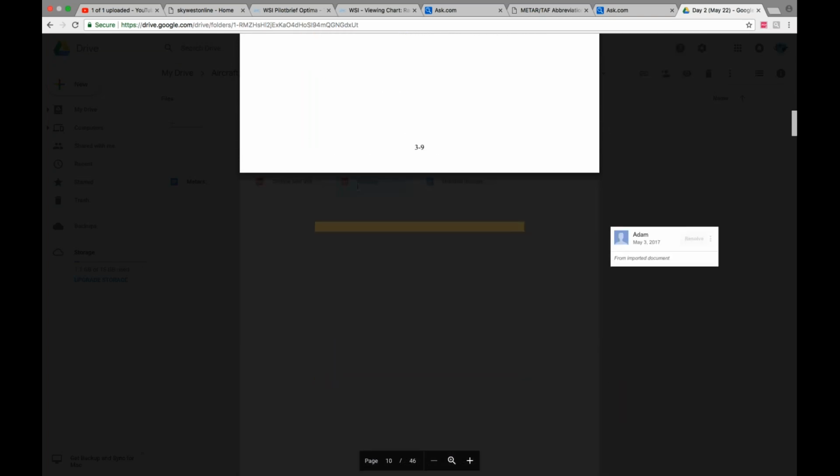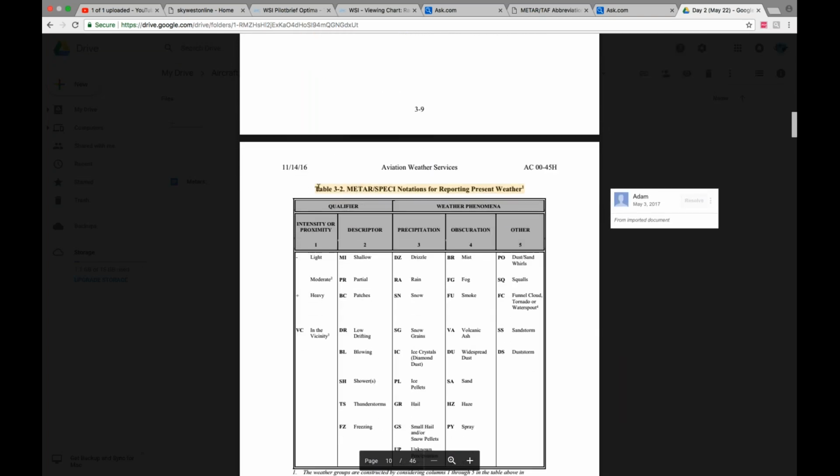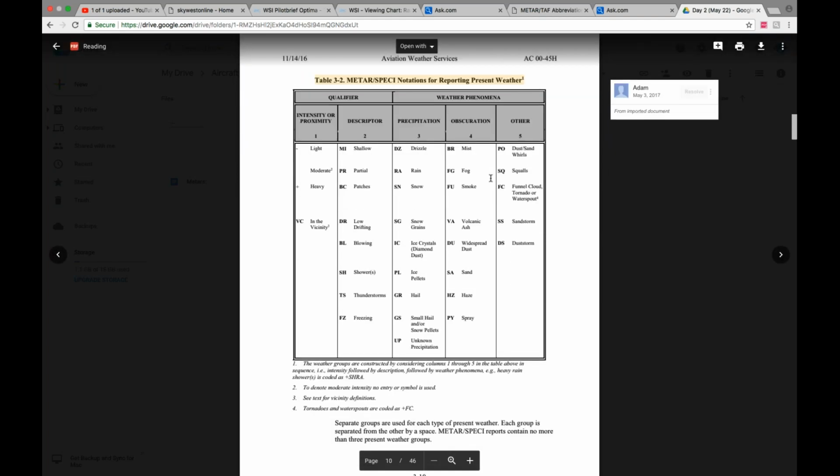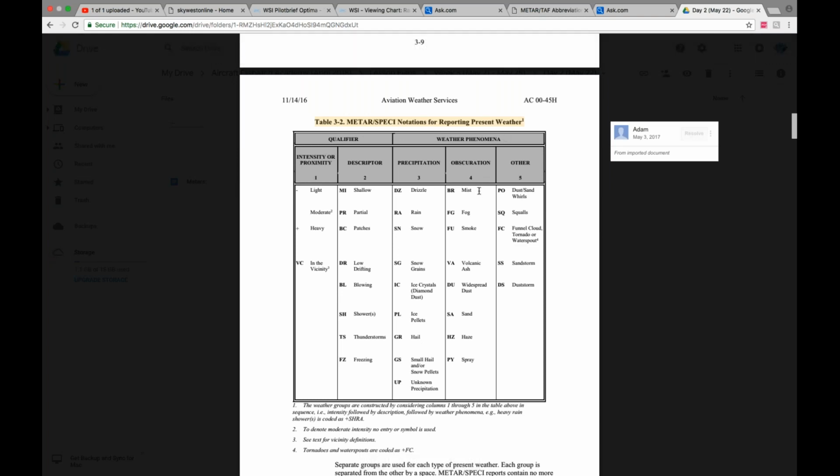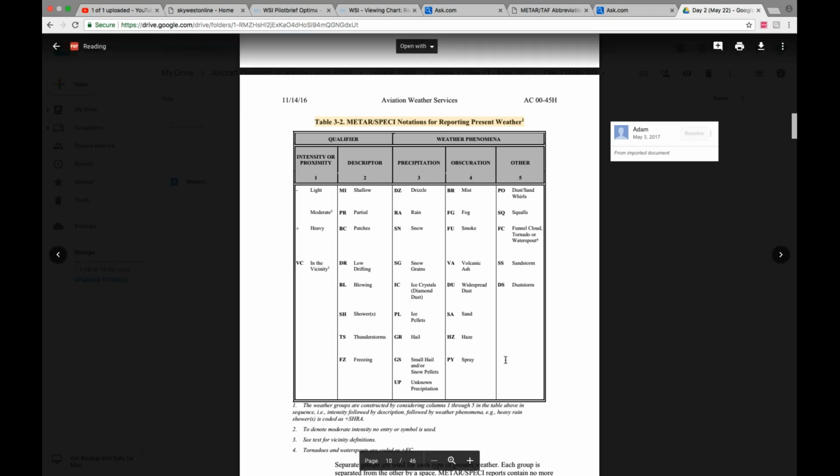I know it's long, but Adam has highlighted all these different sections that are important. Pay special attention to those. The other stuff is information, but this is important practical stuff.